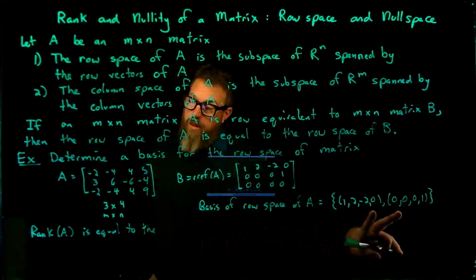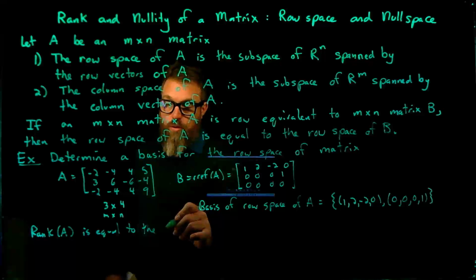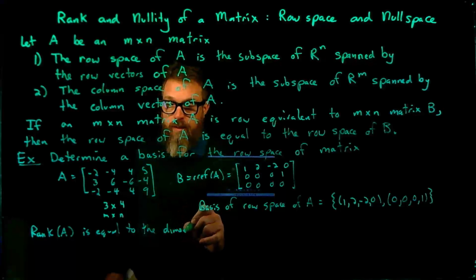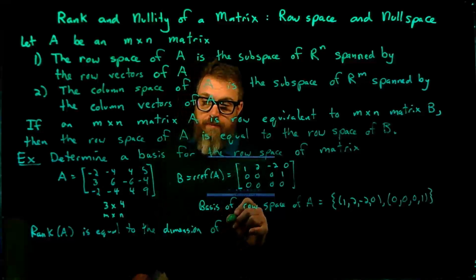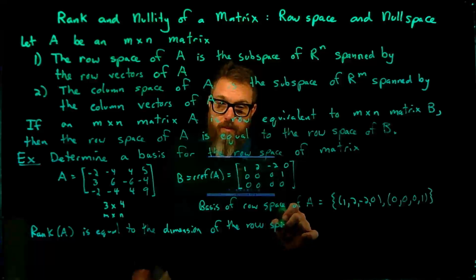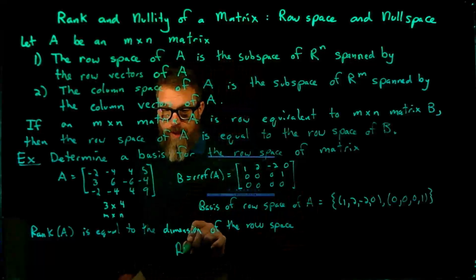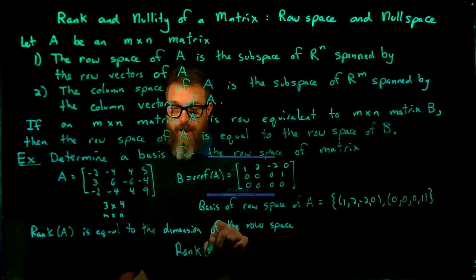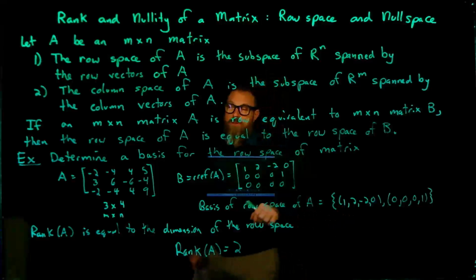So I'm just going to say the rank of A is equal to the dimension of the row space. You can also say the column space, but we're going to say the row space. So in this case, the rank of A is equal to 2 because I have 2 linearly independent vectors.